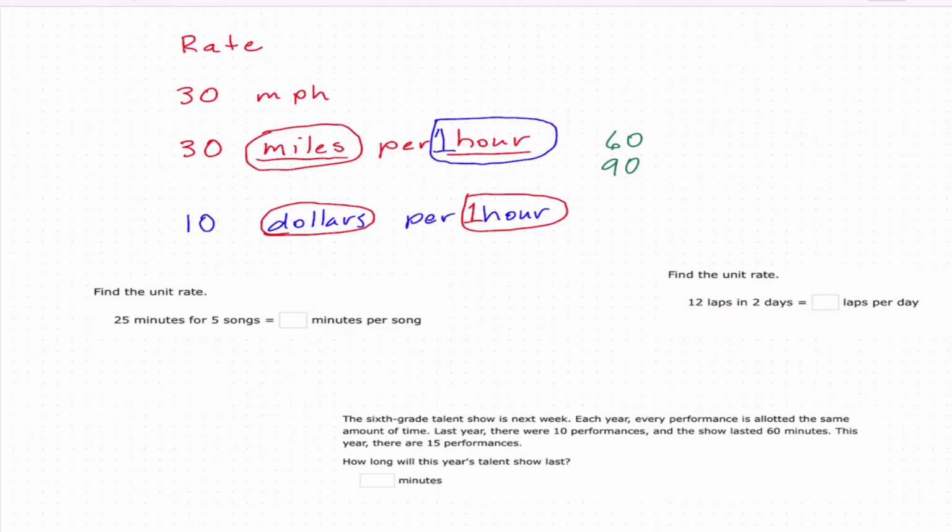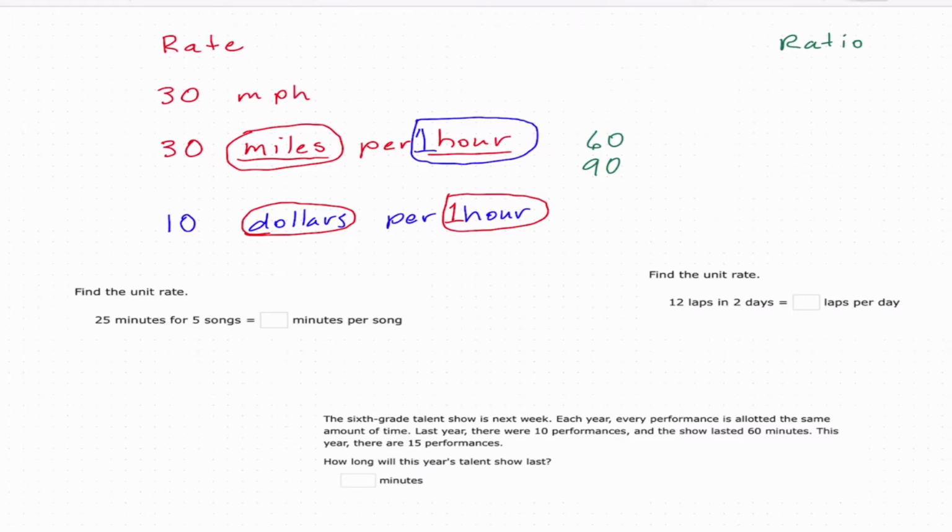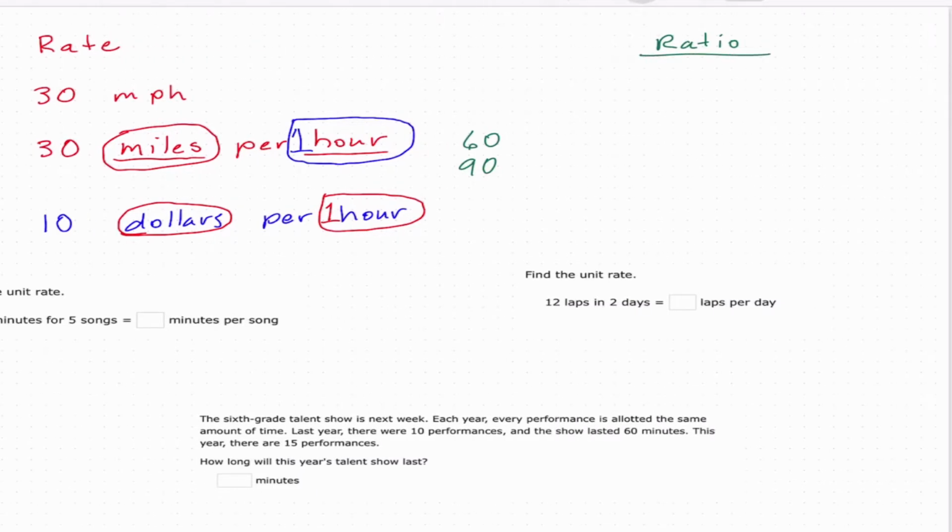And really, we've done ratios, and they're actually related here. Let me draw that in a different color. Let's think about a rate in terms of a ratio. So if we have 30 miles per hour, what is that as a ratio?